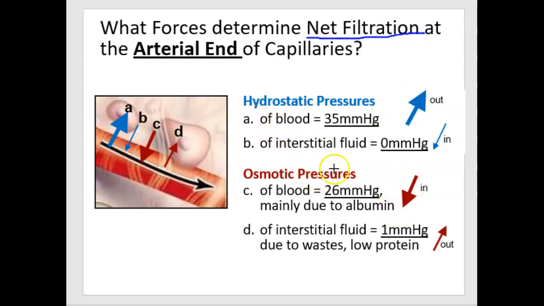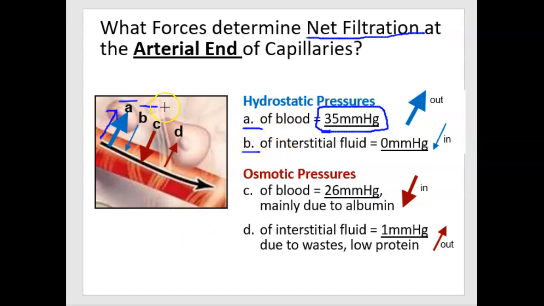There's hydrostatic pressure of both the blood, labeled A, and interstitial fluid, labeled B. A hydrostatic pressure is against the wall of the vessel, and we will use blood pressure, a value in your textbook, to be the hydrostatic pressure in the capillaries. So 35 millimeters of mercury is an outward force for fluid to leave the capillaries.